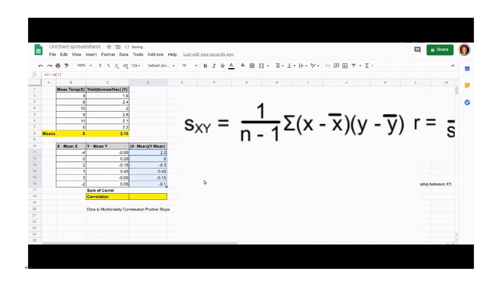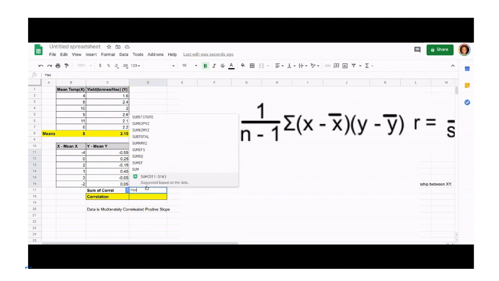Now, in order to calculate that, we actually have to sum all those products that we calculated before for the correlation. So we do that first, and then we have to divide by n. So now we sum all that information, select all our information, hit enter to commit the changes, and now we have our sum.